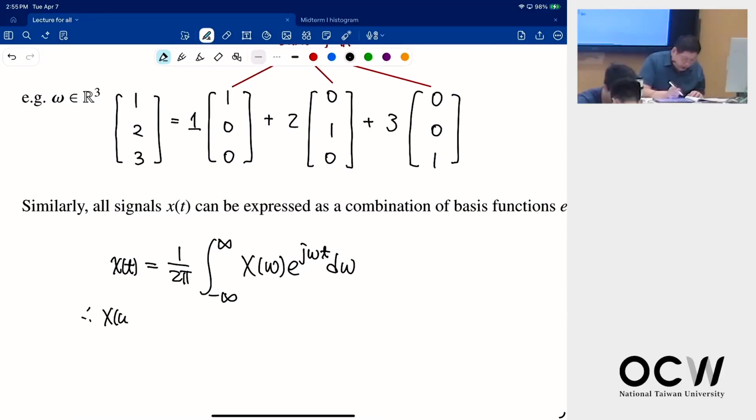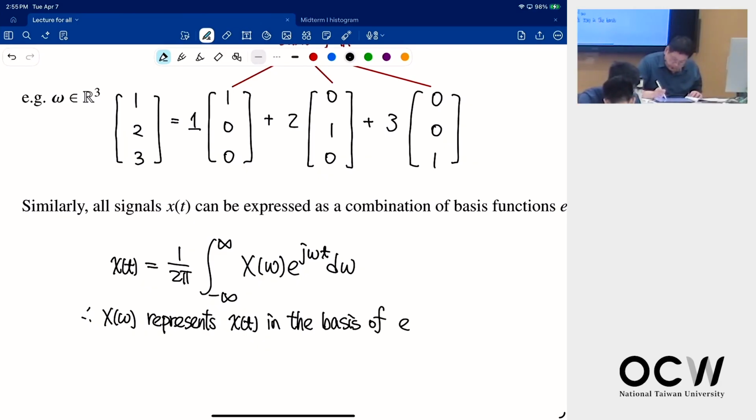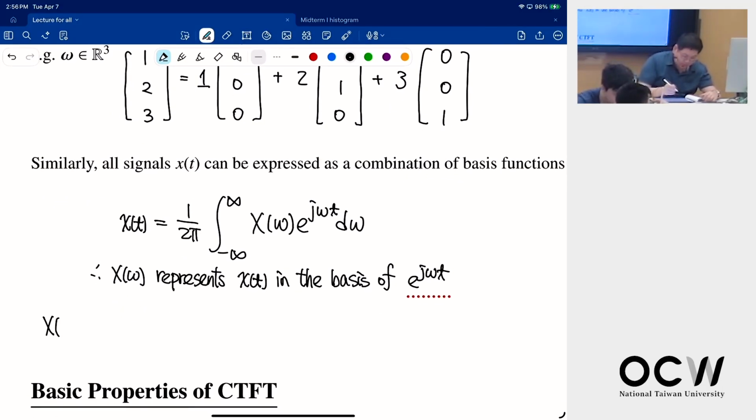So this x of omega represents the signal in the basis of the complex exponential e to the j omega t. So here is the Fourier transform.